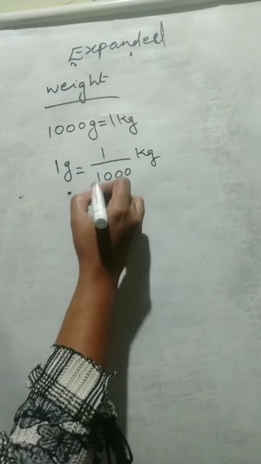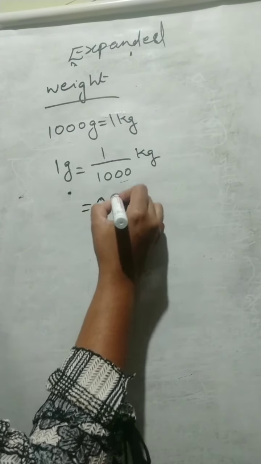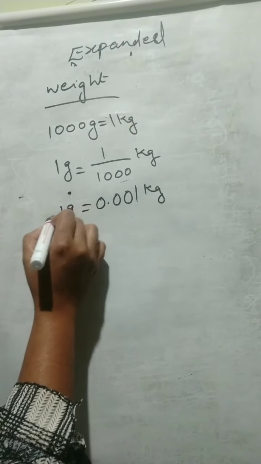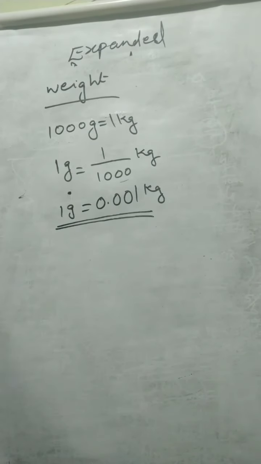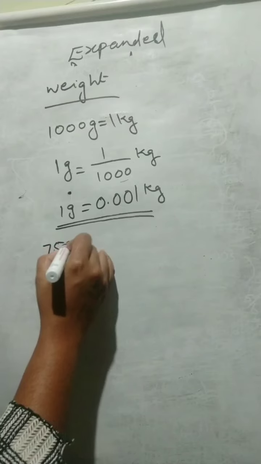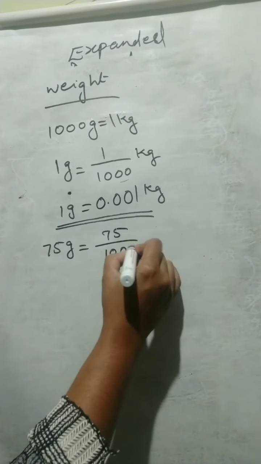So how can we write this in decimal? That is 0.001 kilogram. So we can say 1 gram will be 0.001 kilogram. Then another one, 75 gram will be 75 on 1000 kilogram.